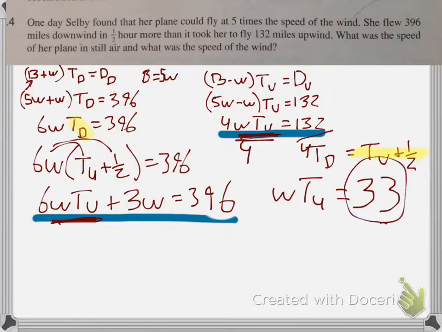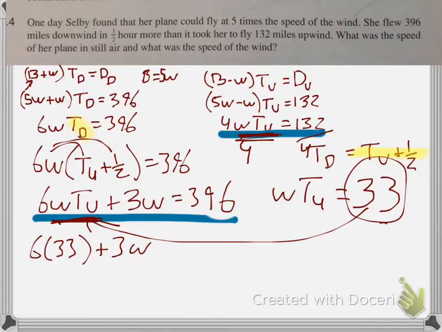And you know what I can do, guys? Substitute it back in there. 6 times 33 is 198, plus 3W equals 396.